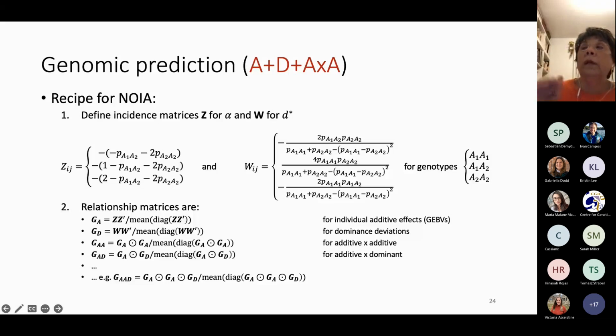The only thing that you need is a standardization that involves the trace of these two matrices. And it's the same for the additive by dominance effect and so on. So it is possible to build all the different epistatic matrices with the additive and the dominance relationship matrices.